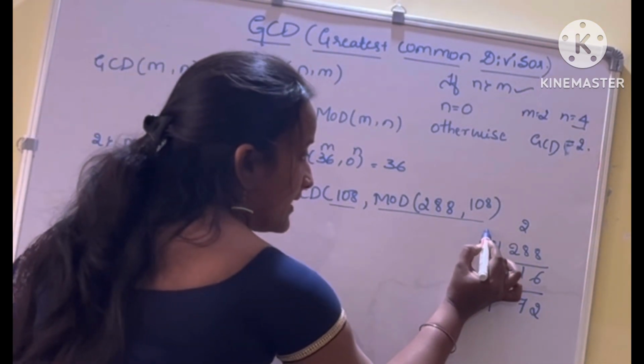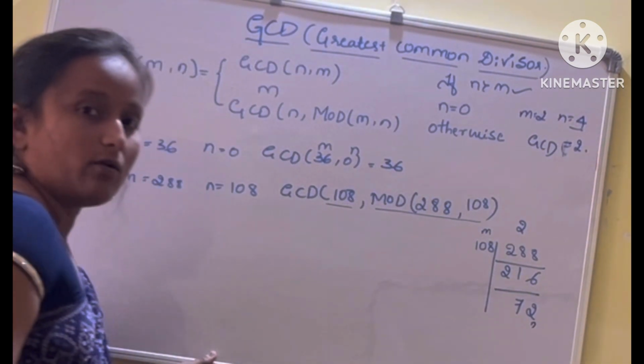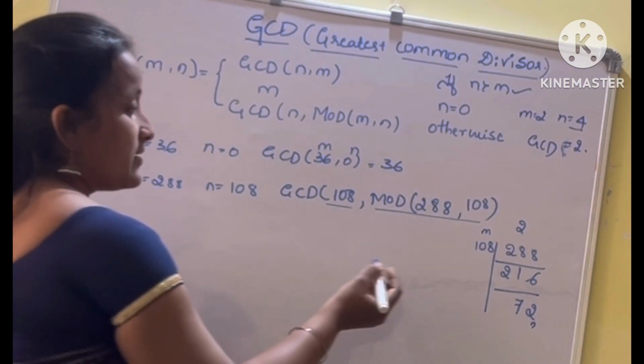Now this acts as m and this acts as n, so again we apply the same formula.